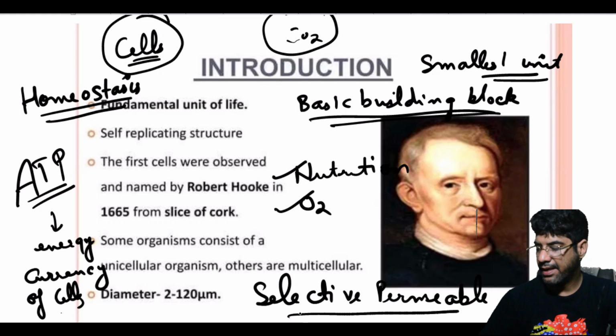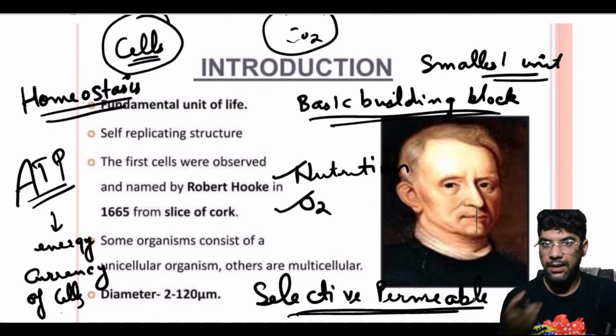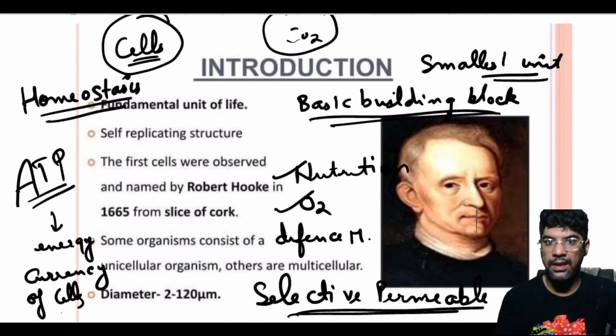The cell membrane is selectively permeable. That means that it allows certain substances to pass while blocking others.